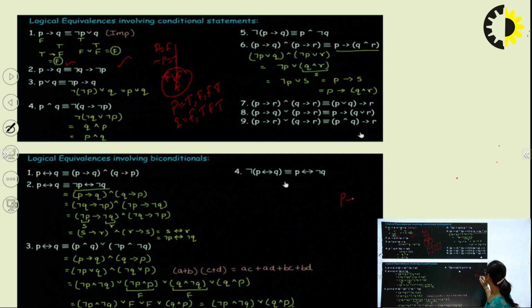So let's discuss the first: P implies Q, which is equivalent to negation of P disjunction Q. Here we have taken P equal to true and Q equal to false. So P is true implies Q is false, which is equivalent to negation of P, that is false, disjunction Q, that is false.